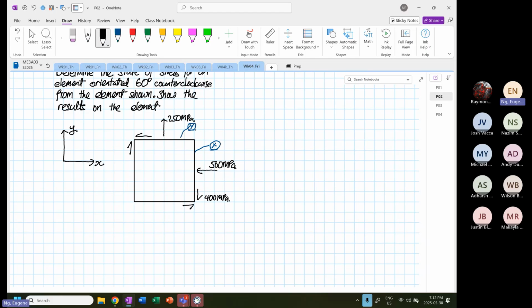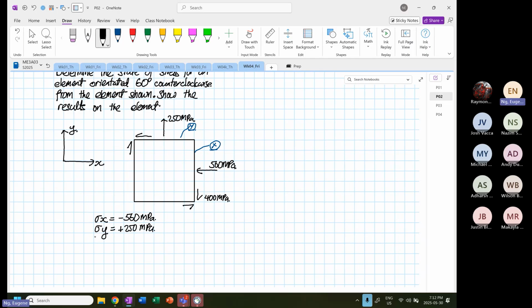And what is given to us is stress X is equal to minus 560 MPa. We are also given that stress Y is positive 250 megapascal.